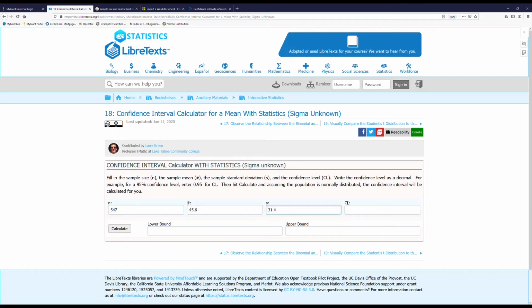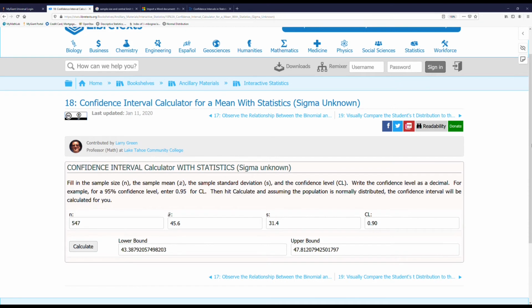Now I want to calculate a confidence interval for a level of confidence of 0.90 because we're doing a 90% confidence interval. Let's click calculate. Here's our lower limit and our upper limit.